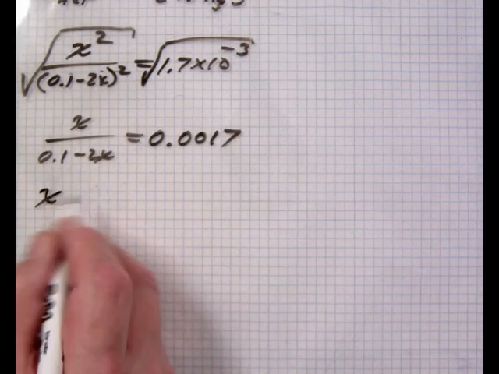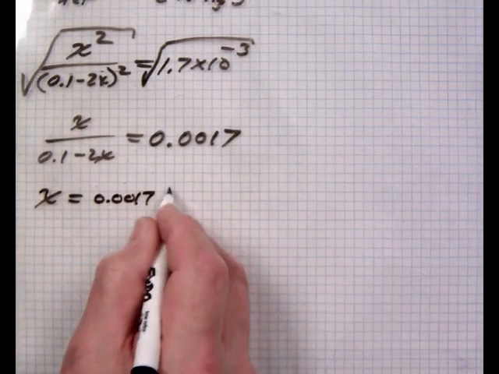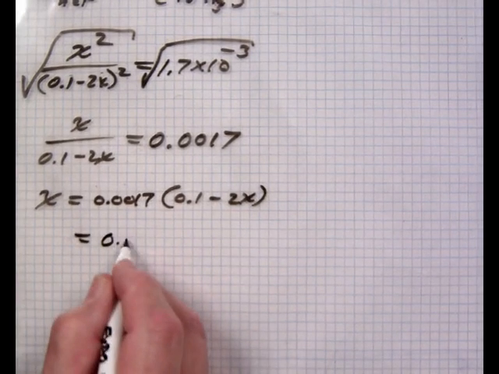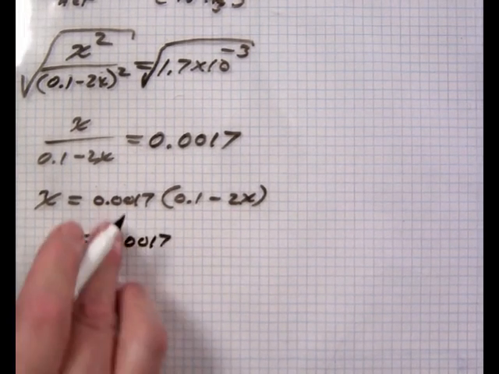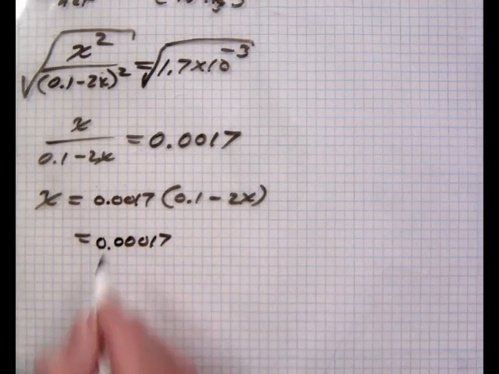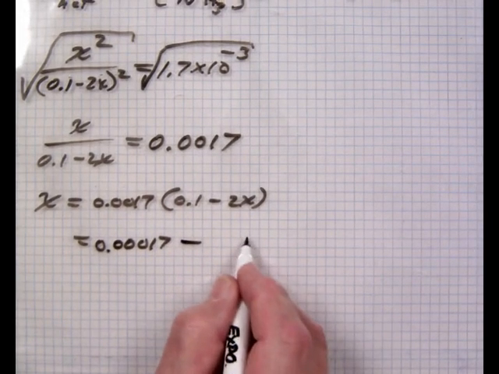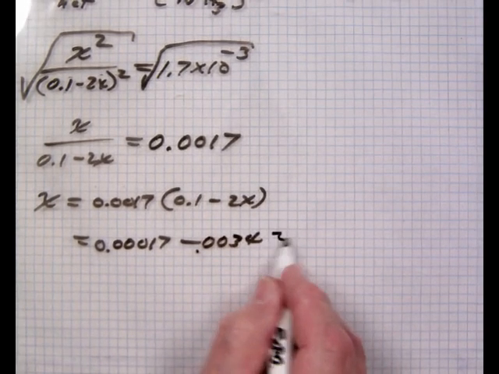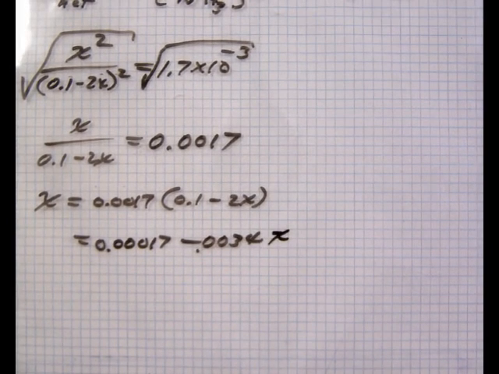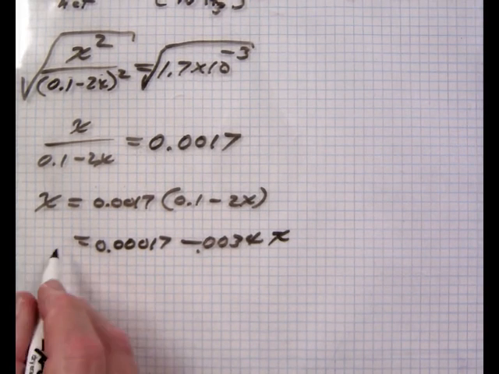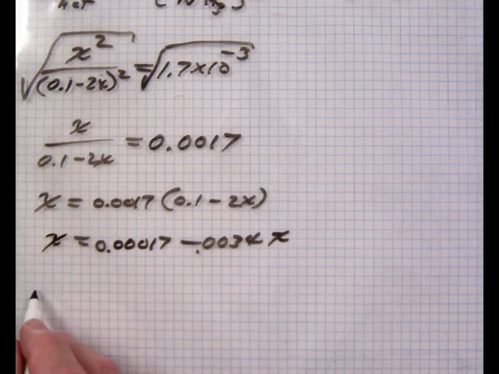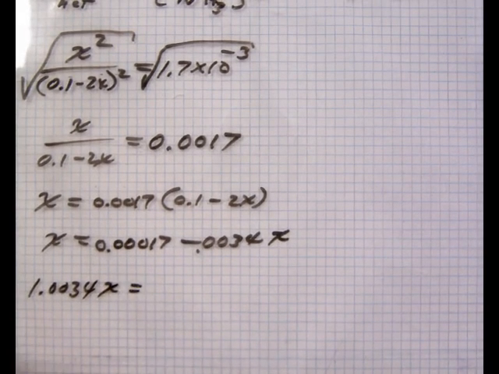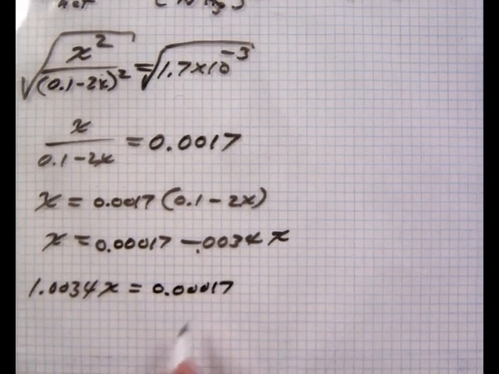So a little algebra going on here. 0.0017 times 0.1 gives 0.00017, and then 2 times 0.0017 is 0.0034X, so we have 1.0034X equal to 0.00017.